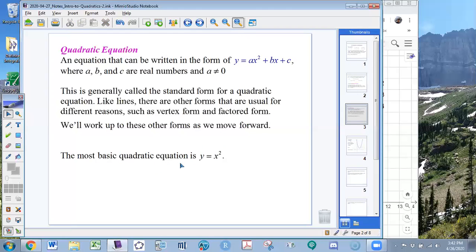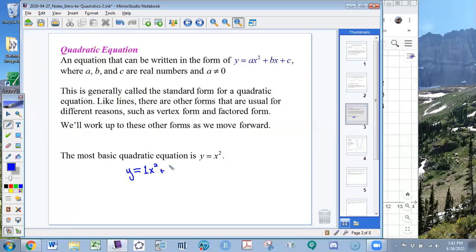So the most basic quadratic equation is y equals x squared. If you look for a second up here at the definition, you might think, well, that's not a quadratic equation. I'm supposed to have an a and a b and an x and a c and stuff. But if I were to rewrite this a little bit, we know that x squared could be written as 1 times x squared.